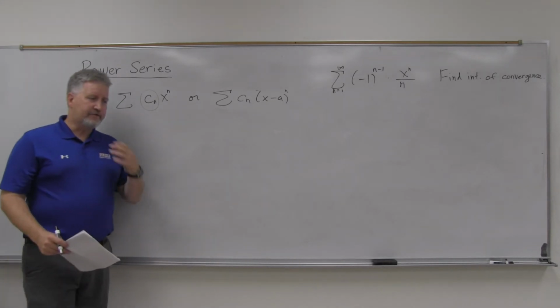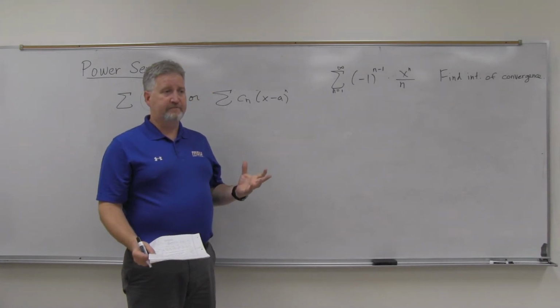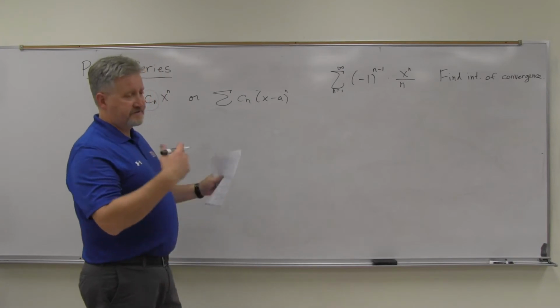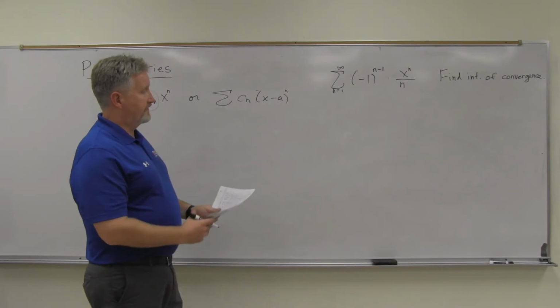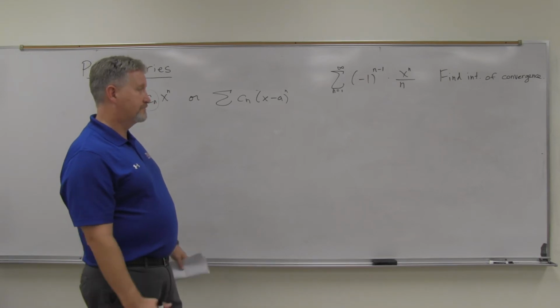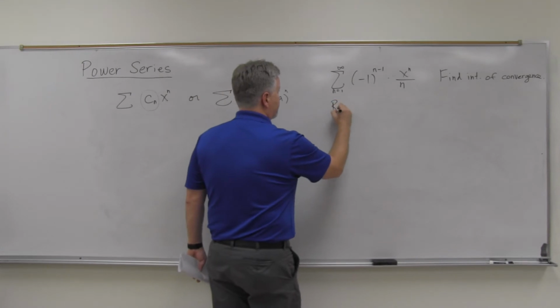Well, it turns out what we can do is usually start with the ratio test. It's got a few more little wrinkles in it, but we're going to start with the ratio test.